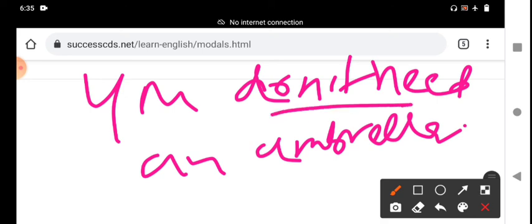Don't need as a main verb. The main verb need is followed by to when used with another verb. It functions as a main verb, my dear students.